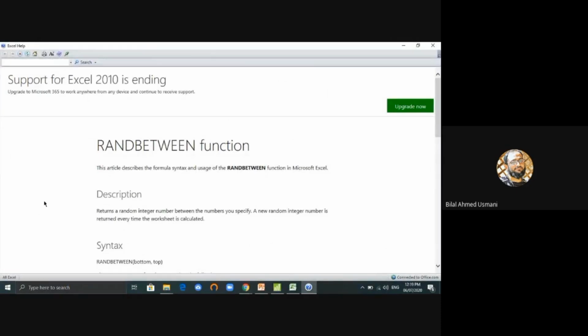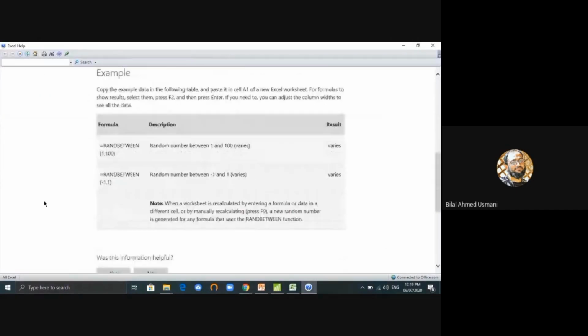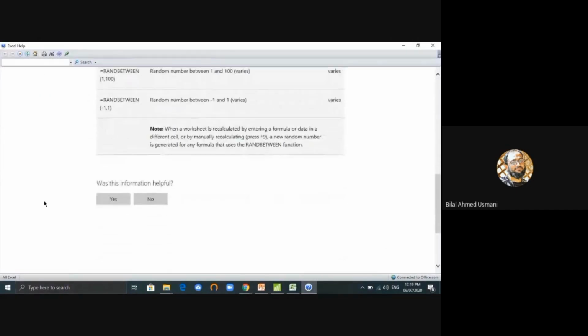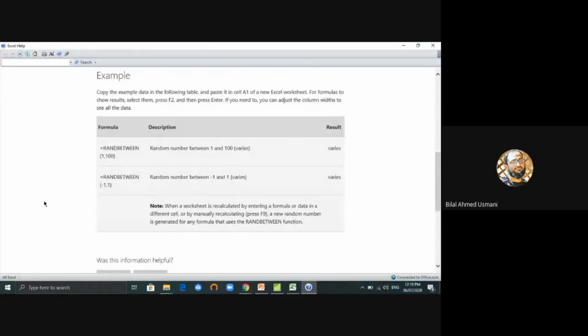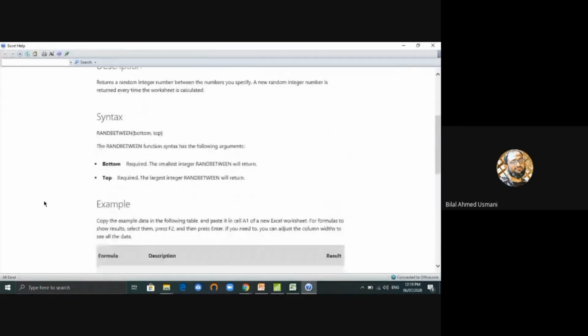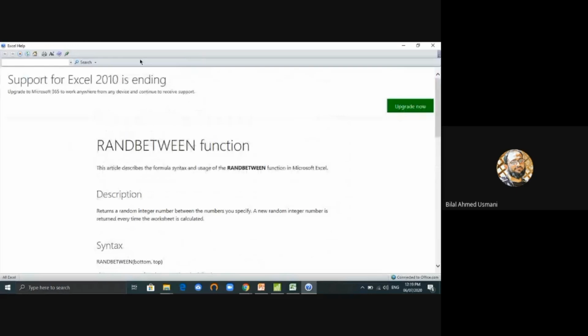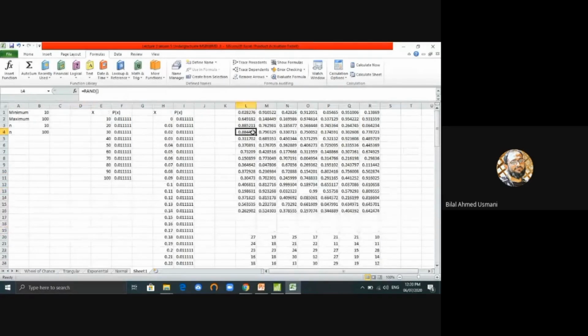So this is the RANDBETWEEN function. This is the syntax, this is the formula. You can always look at the RANDBETWEEN function and the RAND function.